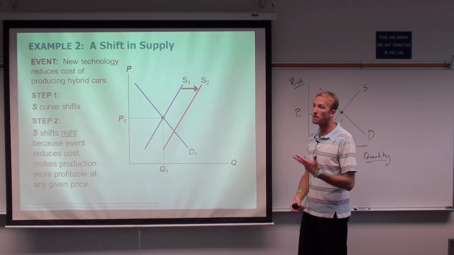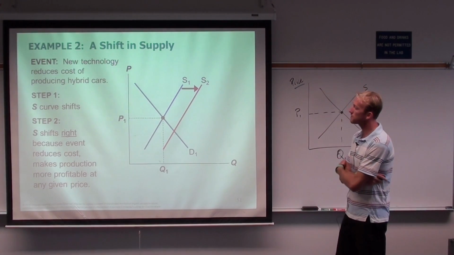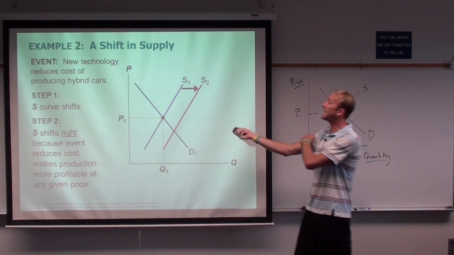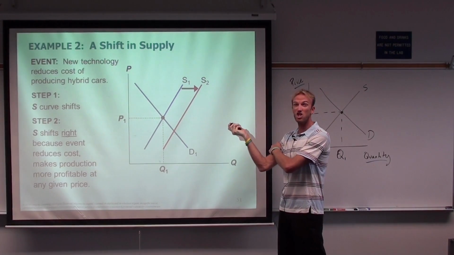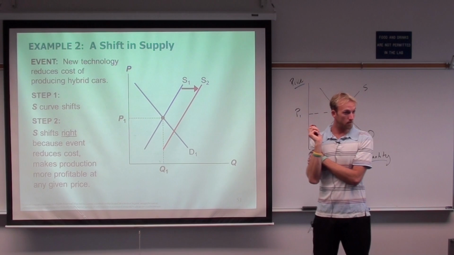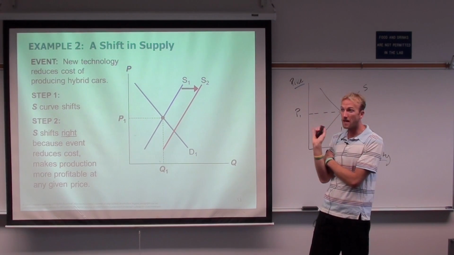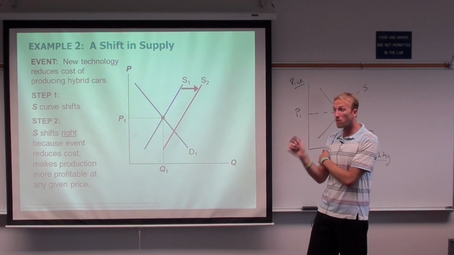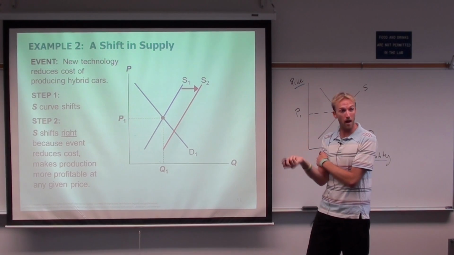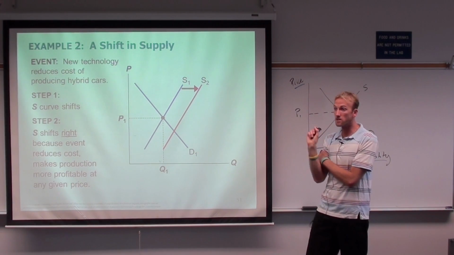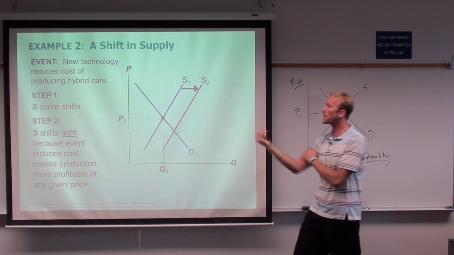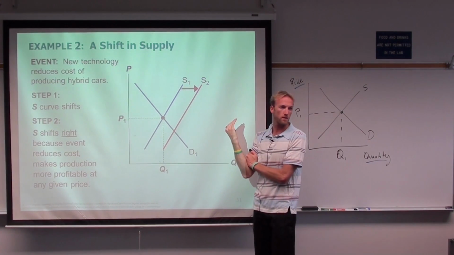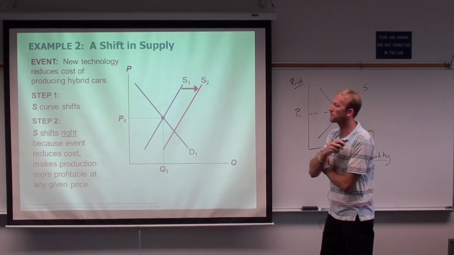And that's the idea behind the supply curve shifting out to the right. We call this an increase in supply, a change in supply. This time, a non-price determinant of supply is changing, which means we have to move the whole supply curve.